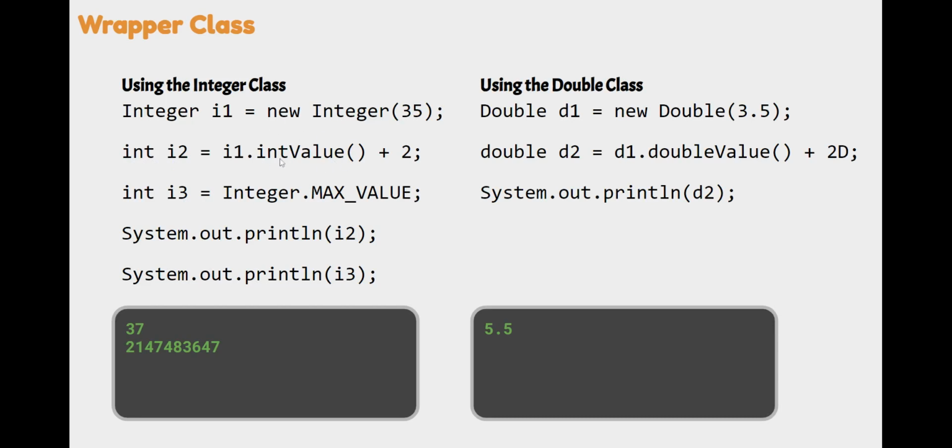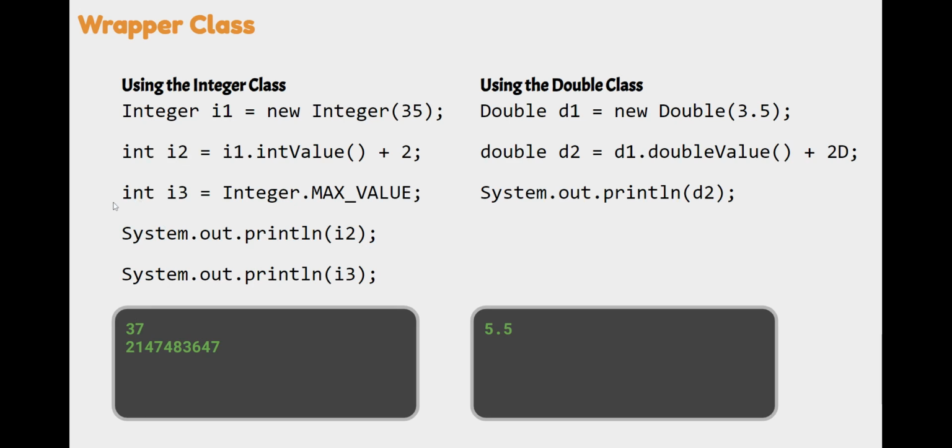We are going to grab the intValue from that instance variable from the object I1 and add 2 to it. That method call of intValue will evaluate to 35. We're going to add 2 to it, which will be 37. So I2 will be 37. When we print it out later, that's where we get the 37 in our console.